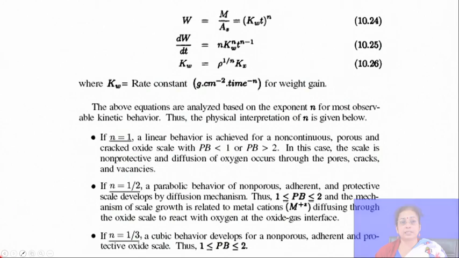Here in this case the diffusion of the element, or counter ionic diffusion, is responsible for the film growth, but the rate of film growth is quite slow. The way the film will grow depends on the relative diffusivity of the individual element through the scale. If the diffusivity of the metal ion through the scale is faster than that of the oxygen ion through the oxide scale, you will find that the scale is forming at the surface.